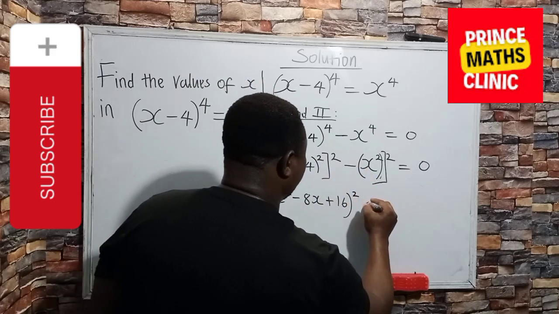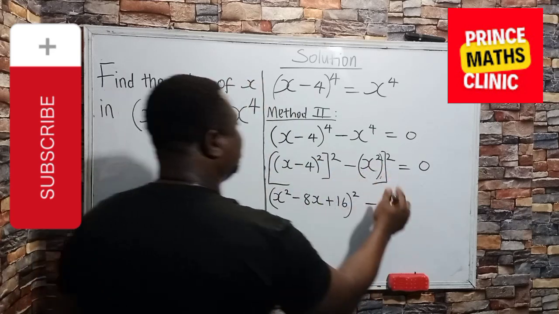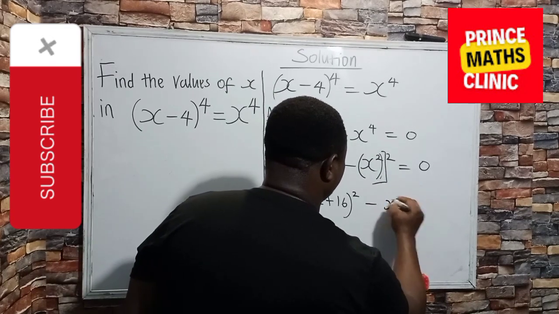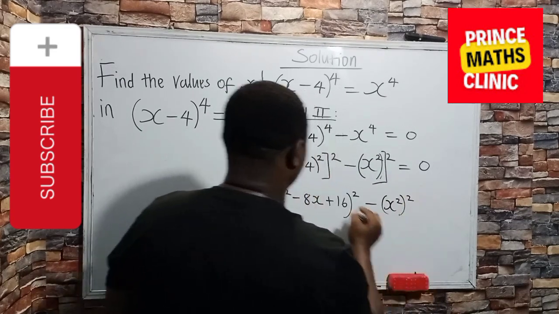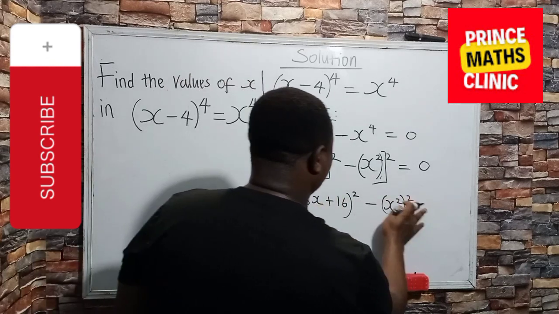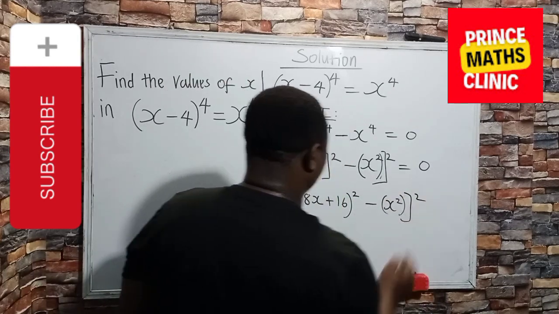So this is the square minus x squared, all squared. So this is a difference of 2 squares now.